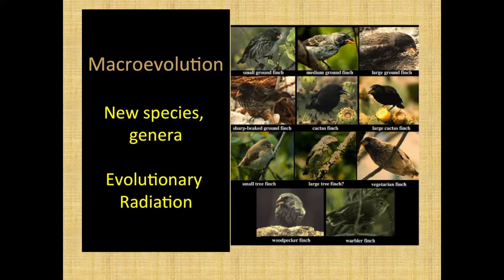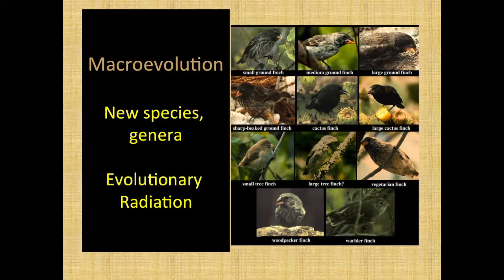You can think of a couple different kinds of formation of higher taxa. One is you get new species or new genera, you get an evolutionary radiation. If you think about Darwin's finches, you have a bunch of these different little guys, but they're all sort of much of a muchness.